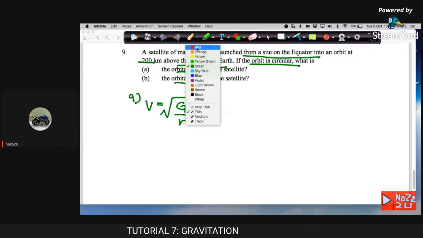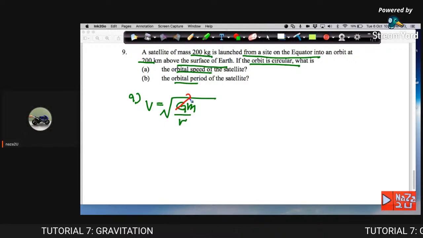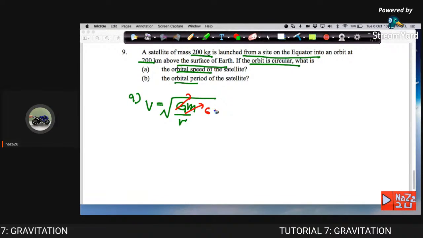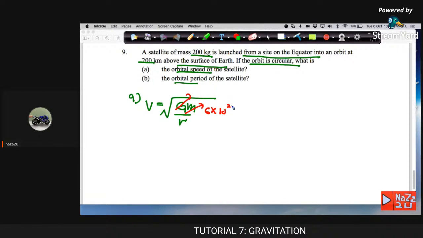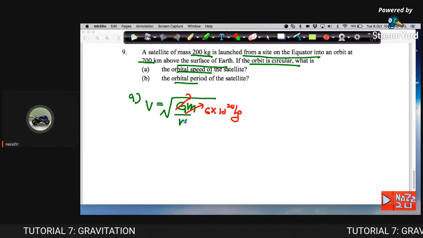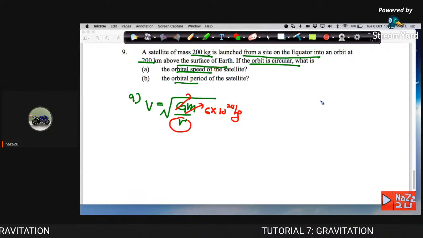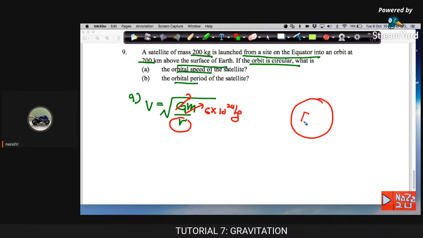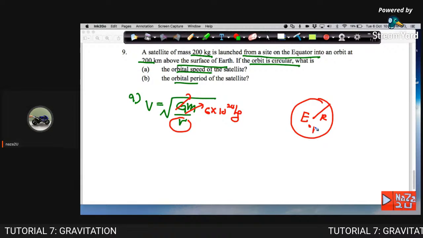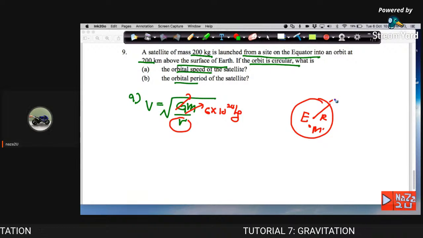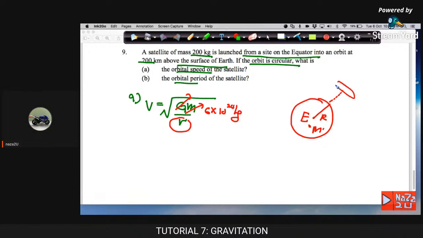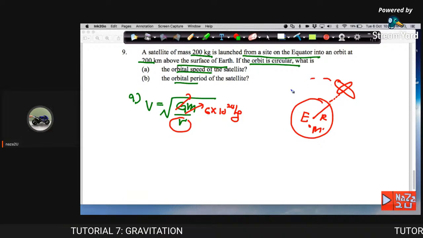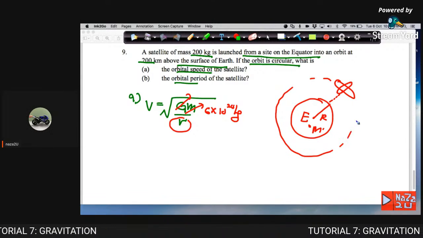So here we have constant G and the mass of the Earth is 6 exponent 24 kilogram. The radius R, as usual, let's say this is our Earth, and this is the radius of the Earth, and this is the mass of the Earth, and this is the distance from the surface to the satellite when the satellite moves around the Earth.